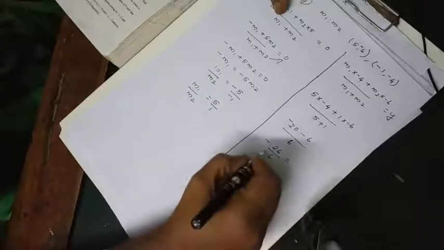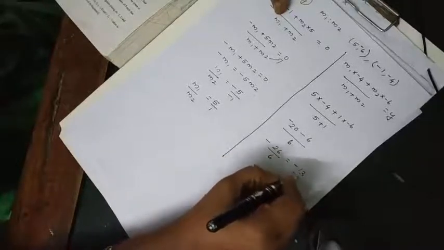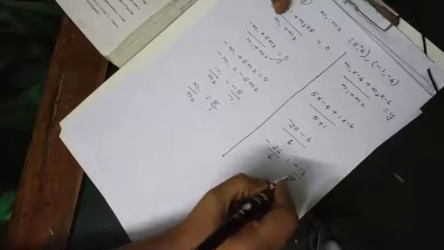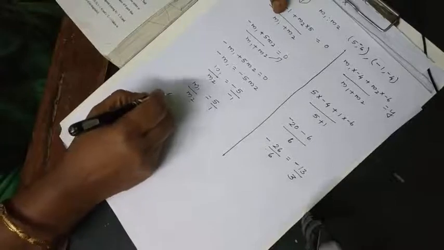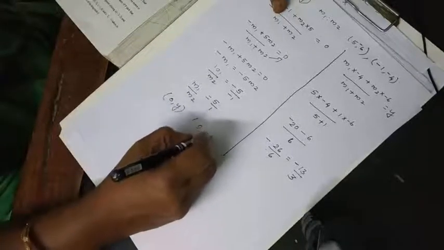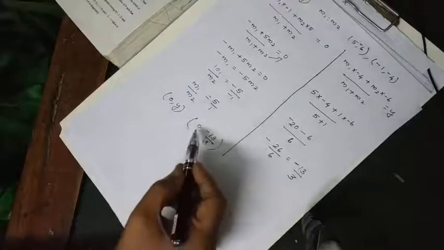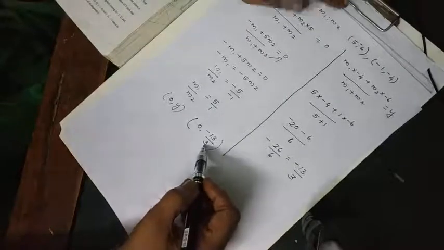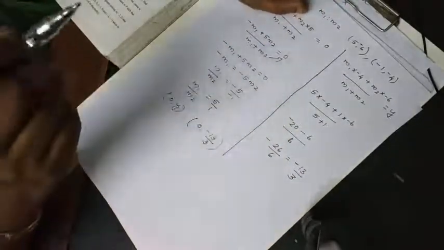So 2 you can cancel, so negative 13 by 3. So our coordinates will be 0, y, and what is our y? Y is negative 13 by 3. So 0, negative 13 by 3 divides this in the ratio 5:1.